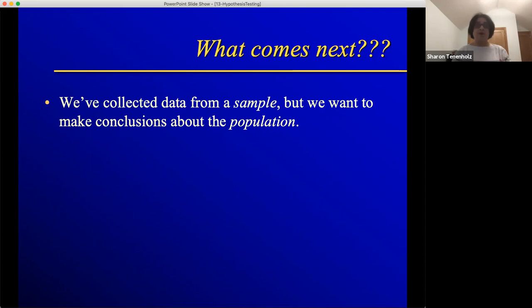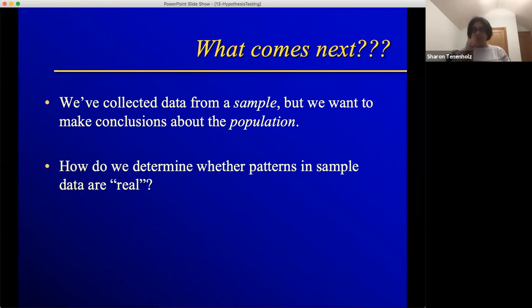We want to make our conclusions about that population. So we need a way to determine whether patterns in our sample data are real, whether they reflect something about that population, or it's just something about the sample we have, just some random noise, some sampling error.